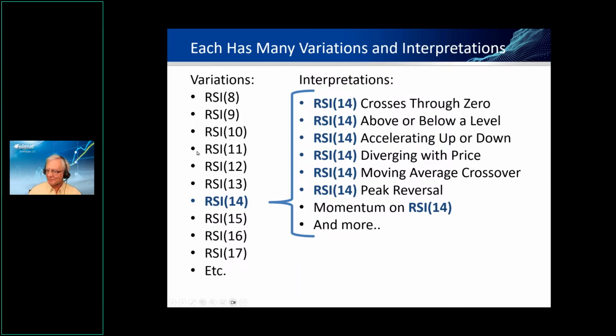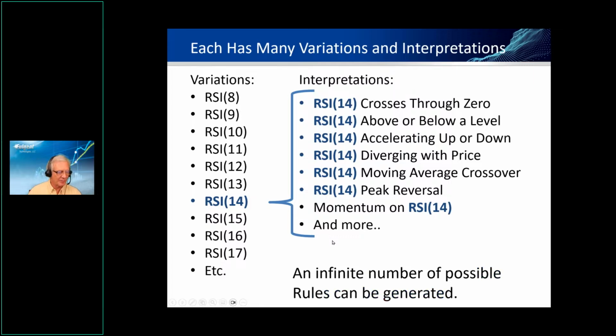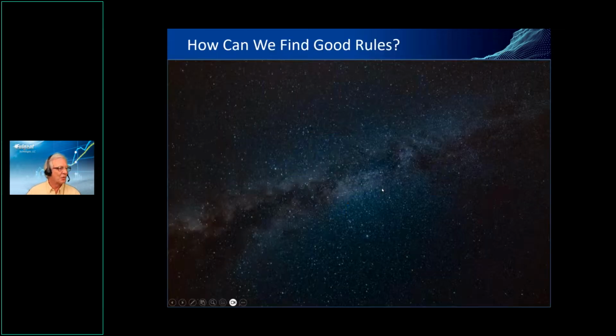Okay, but let's see here. So we'll look at, let's just take that one. Yeah, it's an infinite number of possibilities, infinite, with all these things that you can look at for any indicator, and then there's all the indicators. So the question is, how do we find good rules? And this is the first time you're going to hear me say that, because our stuff is based on rules.